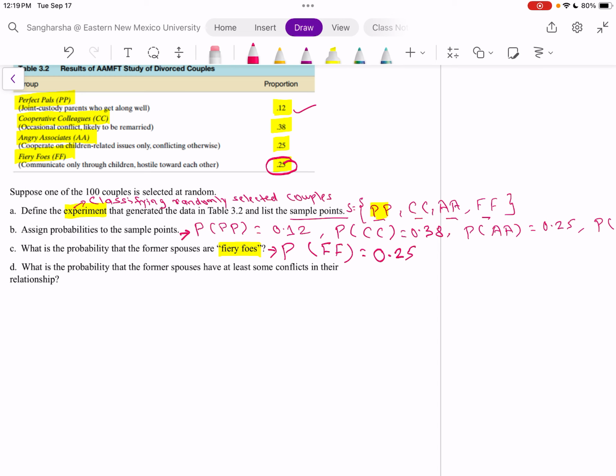You are listing the groups that have at least some conflicts in their relationship. Out of these 4 groups, you're going to make a list of groups that have at least some conflicts. Let me call that event A. Can you tell me what are those groups?